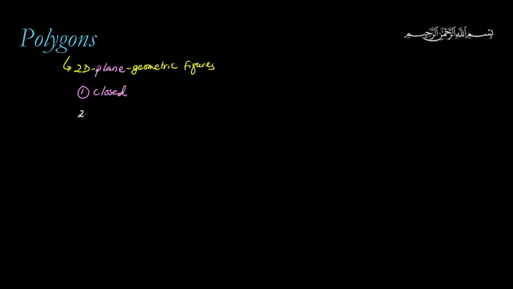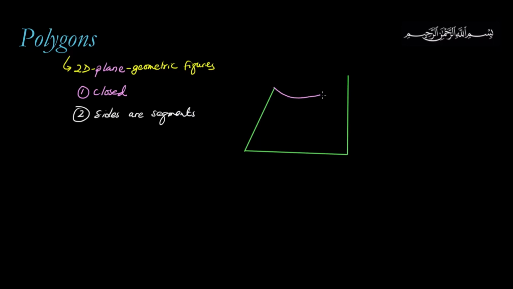The second thing that we have to appreciate about polygons is that sides of polygons are segments. This is very, very important. So you can't have a polygon like this. Here's one side, here's the second side, here's a third side, and I'm going to make a fourth side slightly different, a little curve over here. So you can't have curvy sides in a polygon.